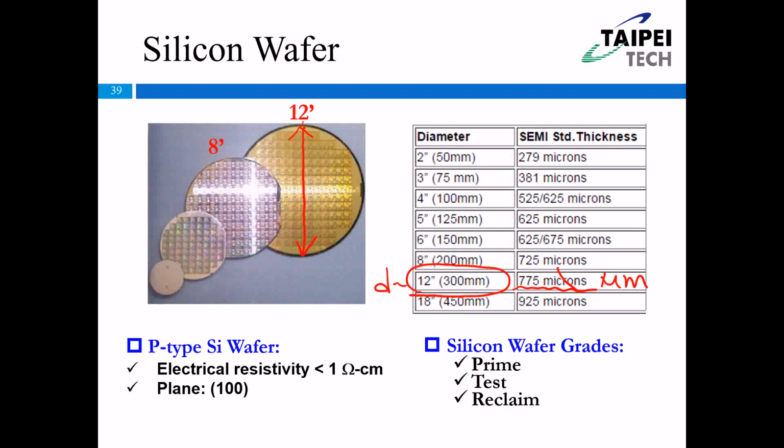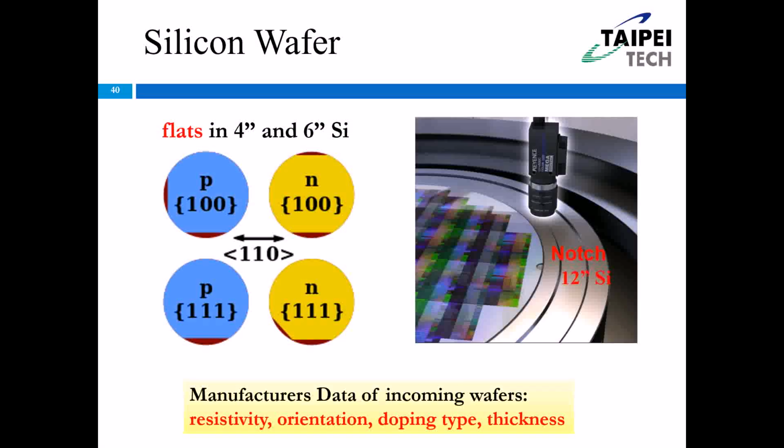OK. So when we talk about silicon wafer, usually we will use flat. Flat means this red area here.